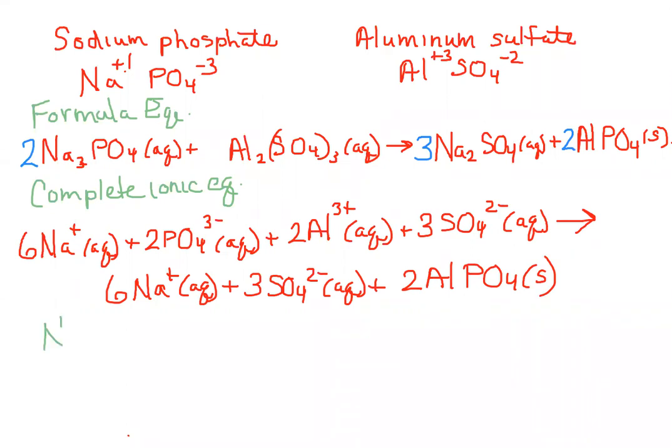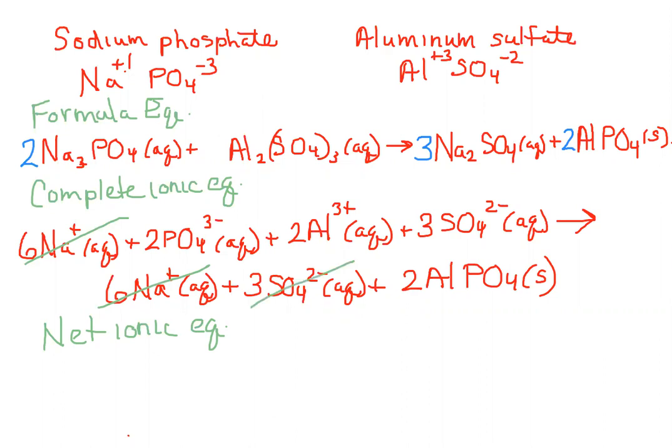Now to find the net ionic equation, we're going to start crossing things off in our complete ionic equation, things we don't need. The spectator ions that are just hanging around that we don't need.